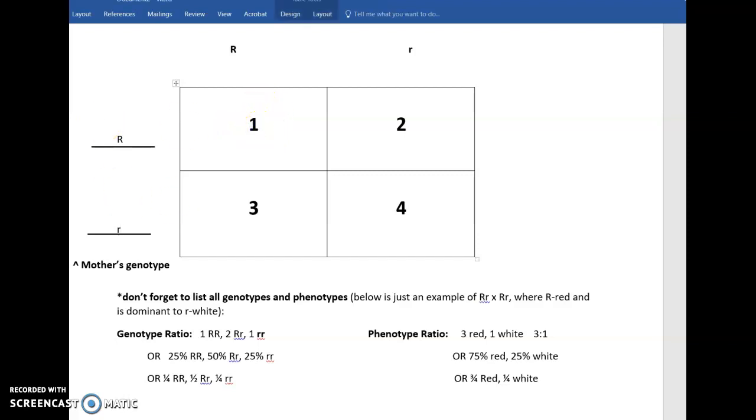Okay, so number 1, you would cross these right here. So big R, big R. Number 2, the capital letter comes first, so I read across, capital R, lowercase r. Number 3, big R comes first once again, and I'm crossing it with the little r. And then number 4, I'm crossing two lowercase r's.